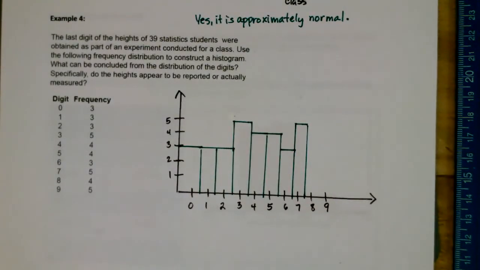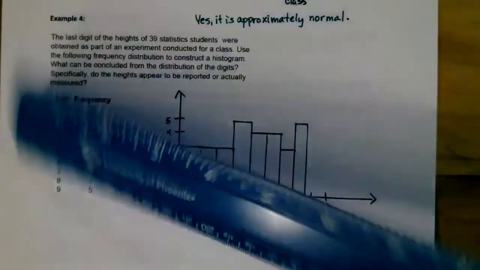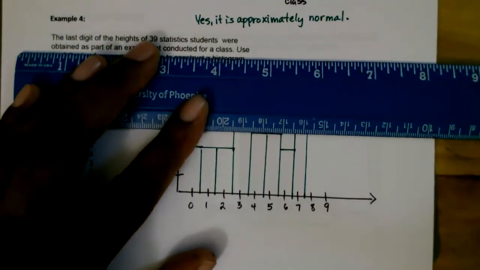For 8, the frequency is 4, the same height as 4 and 5.